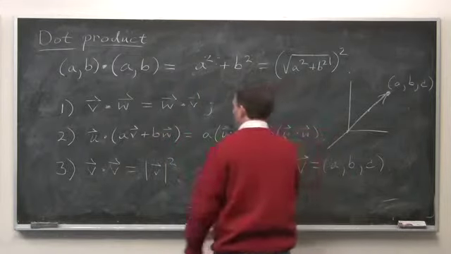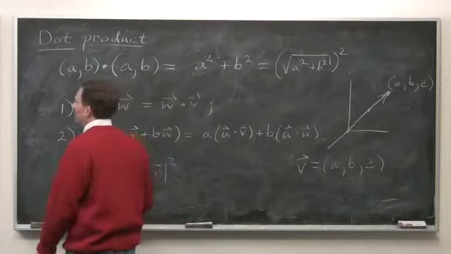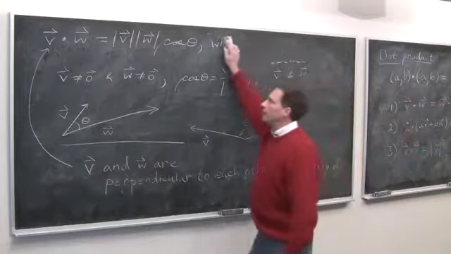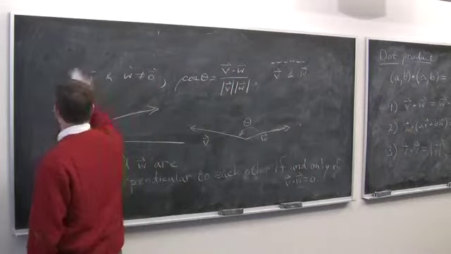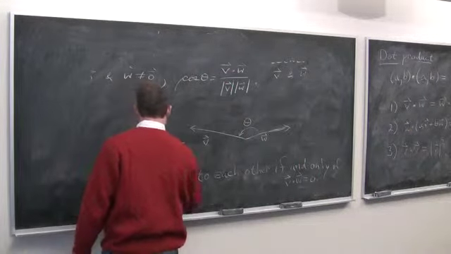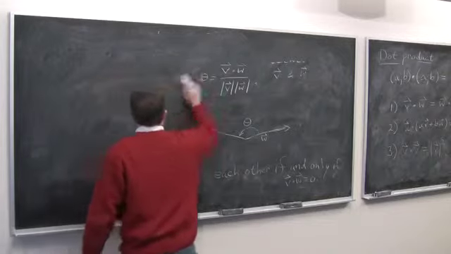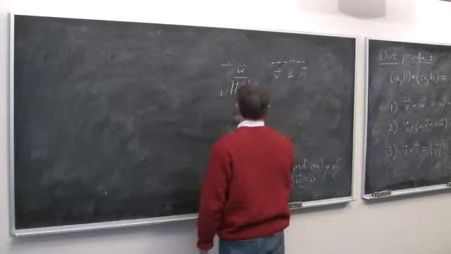So all of our notions that we had before generalize easily to 3 dimensions, and actually generalize to any number of dimensions, but we don't want to get crazy today.